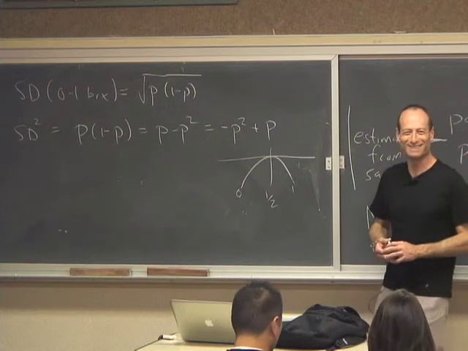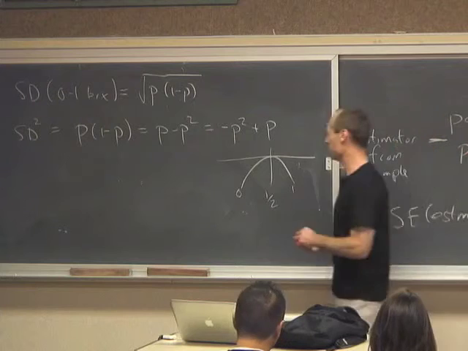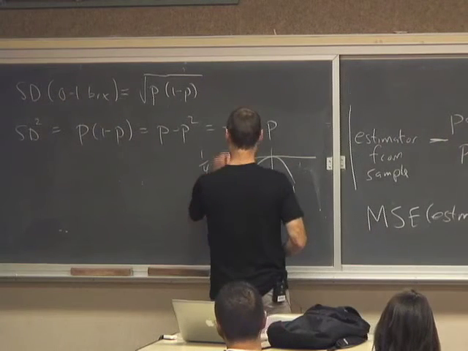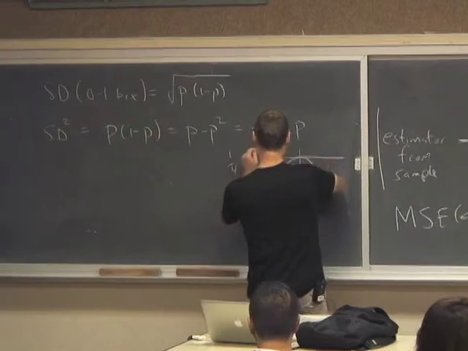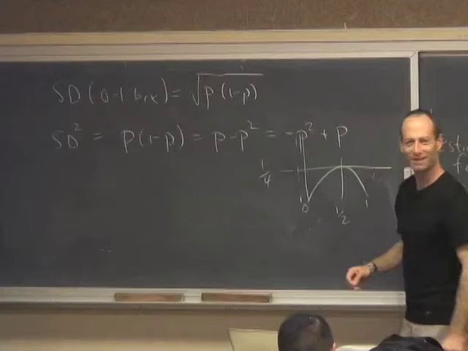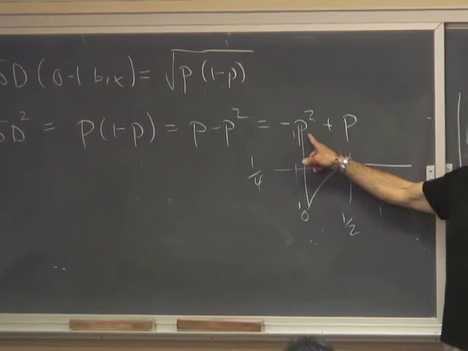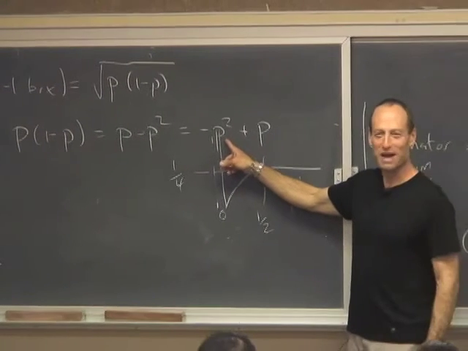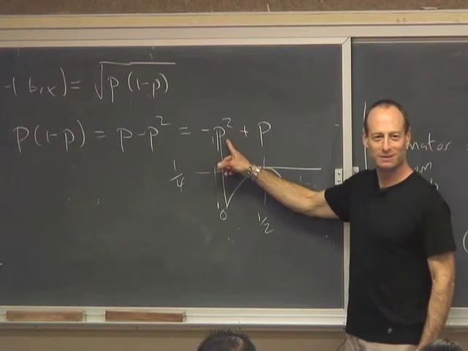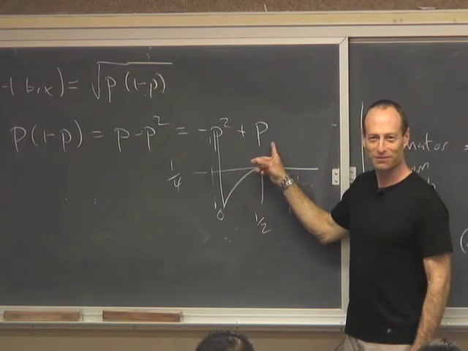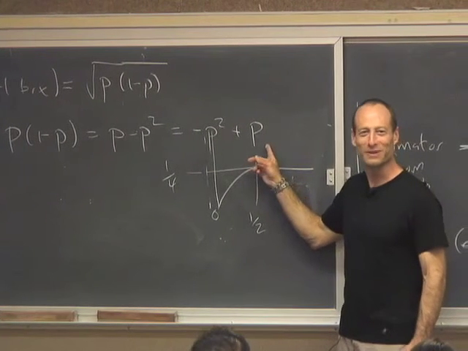It's a quarter, right? If we plug in a half, this is minus a half squared, which is minus a quarter, plus a half is a quarter.